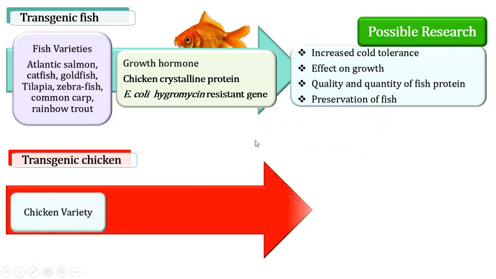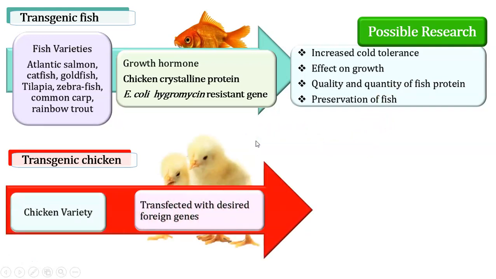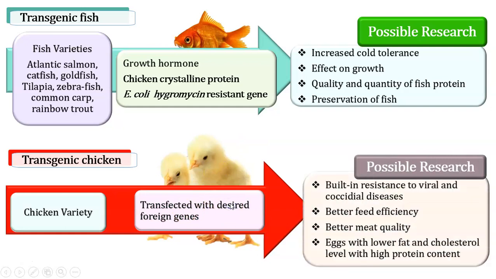The chicken variety is transfected with desired foreign gene, and what things can be achieved in that chicken variety. Built-in resistance to viral and coccidial diseases, better feed efficiency, better meat quality, and eggs with lower fat and cholesterol level, but with high protein content can be achieved in these transgenic chickens.